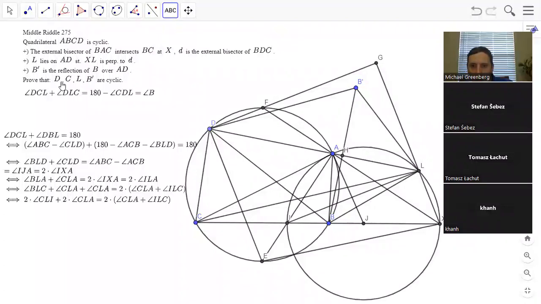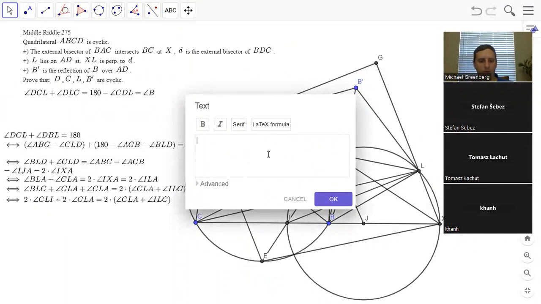Let IALX be the A Apollonius circle of triangle ABC.